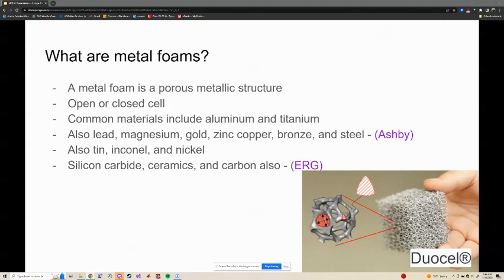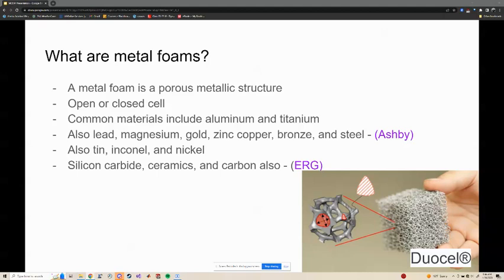Common materials of metallic foams include aluminum and titanium. However, lead, magnesium, gold, zinc, copper, bronze, and steel are all material types that Michael Ashby, in his book Metal Foams, a Design Guide, outlines.